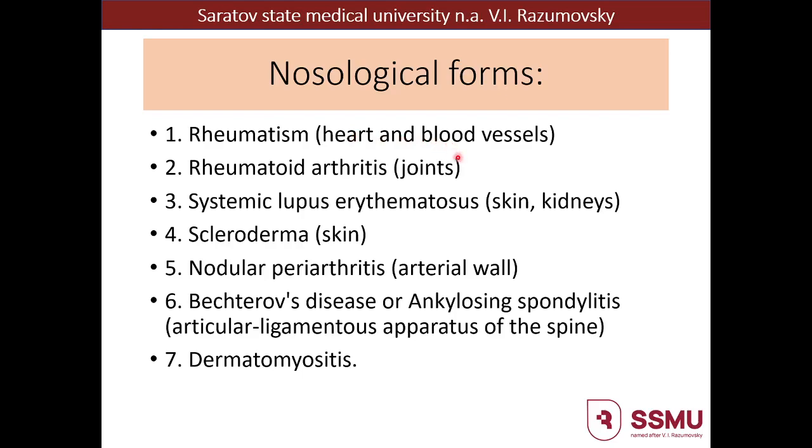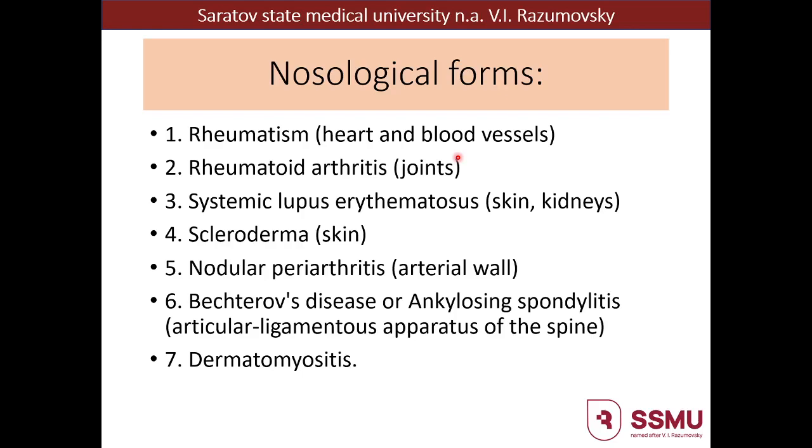You should understand that the heart and blood vessels will be injured first, and all clinical manifestations of rheumatism and all complications of this disease will be associated firstly with this damage of heart and blood vessels.